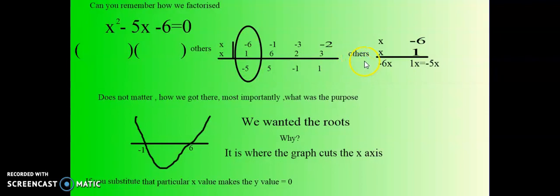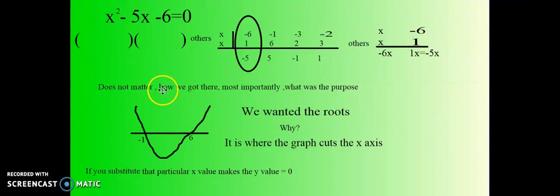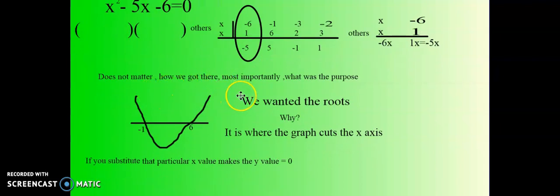Others might be familiar with the method of cross multiplication. So through trial and error, they would plug in 3 and 2, 2 and 3, 6 and 1, 1 and 6, then change the sign according to the need to get negative 6. It does not matter how we got there.